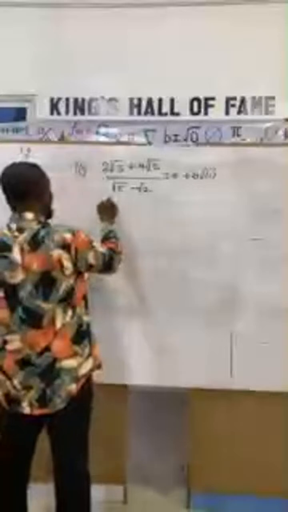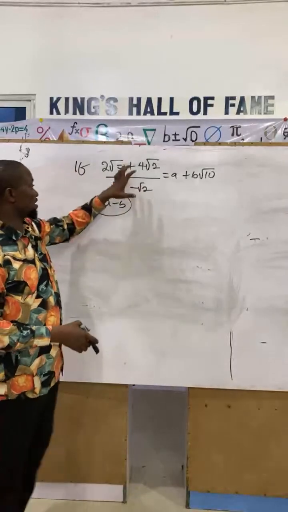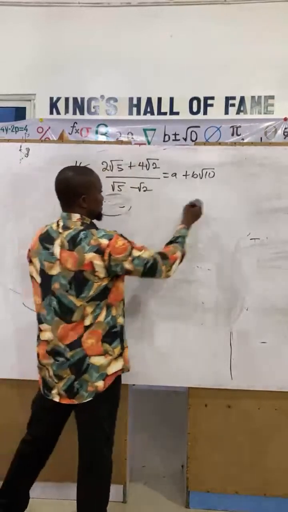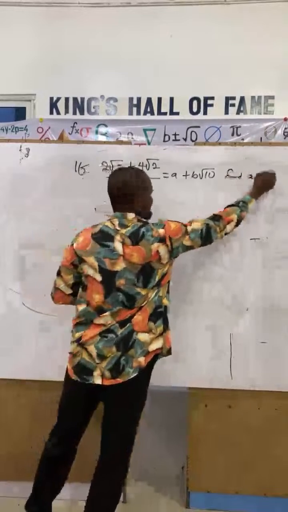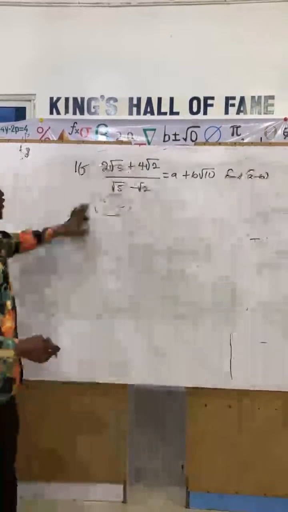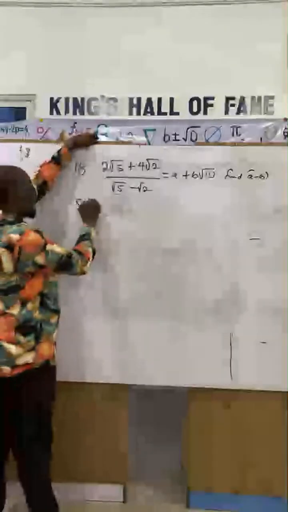They say find a minus b. So we want to find a minus b. So what do we do? We now say solution.